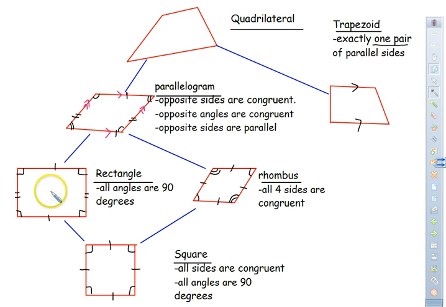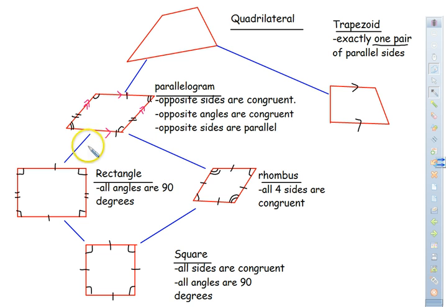Are the opposite angles congruent? Yes, they're all 90. Opposite sides are parallel. Are these two sides parallel and these two sides parallel? Yes, they are. So you could also call this a parallelogram. The best answer, however, is a rectangle because all angles are 90 degrees. Okay? So opposite sides are congruent and parallel, and they have 90-degree angles.